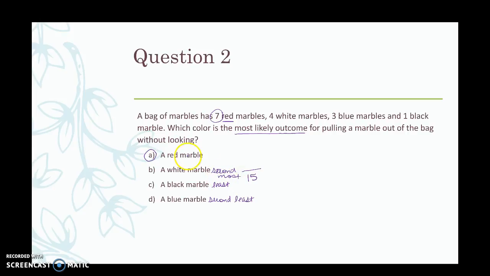And the most likely is the red because it's 7 out of 15. The white is 4 out of 15, the black is 1 out of 15, and the blue is 3 out of 15. Okay, so moving on to the next problem.